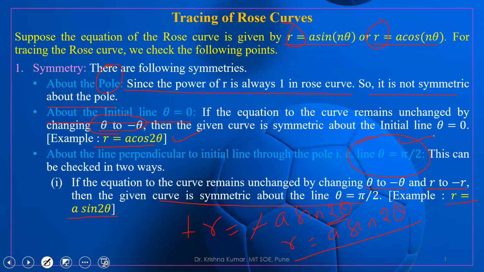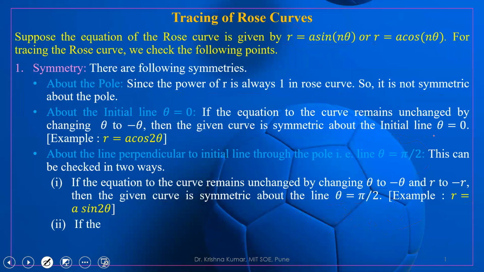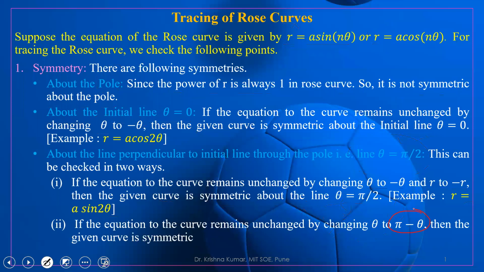This is one way. Another way is if we replace theta by pi minus theta, then the given curve is symmetric about the line theta equal to pi by 2. For example, r equal to a cos 2 theta. If we replace theta by pi minus theta, we get a cos of 2 pi minus 2 theta.